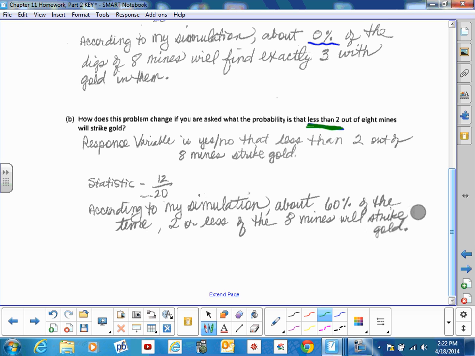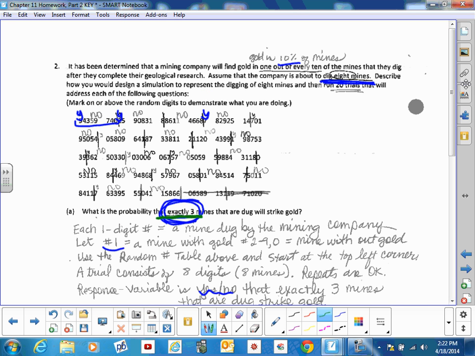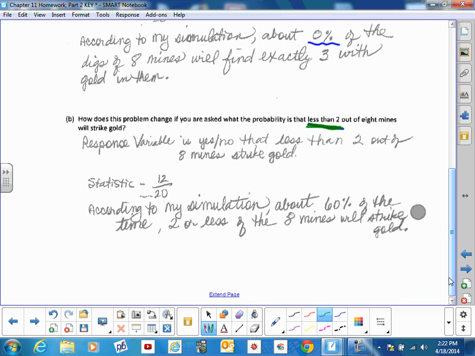So the response is now yes or no, I got less than 2 out of the 8 mines. So I really had to go back up and do a whole other set of yes/nos. So I went back up and I ran through my 8 mines again with a whole other rule of yes/nos. And I came up with 12 of those out of 20.